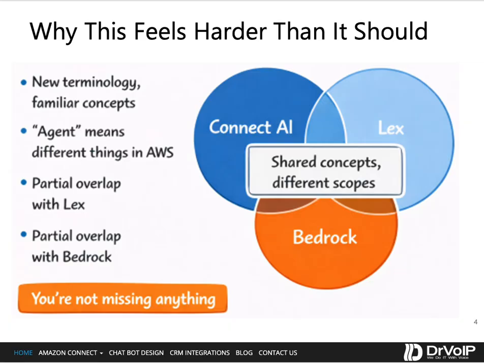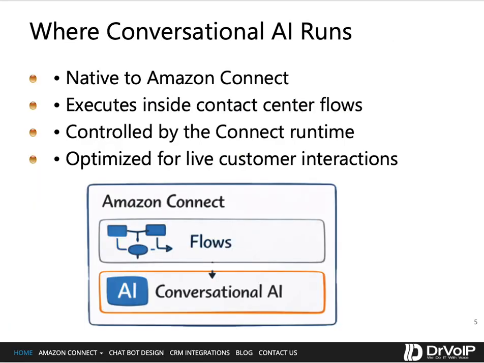There's an overlap between Connect AI, LexBots, and Bedrock, which is the fully managed generative AI service option inside AWS services. Where does conversational AI run? Well, in building this using these tools inside Amazon Connect, you need to know that the tools are native to Amazon Connect.